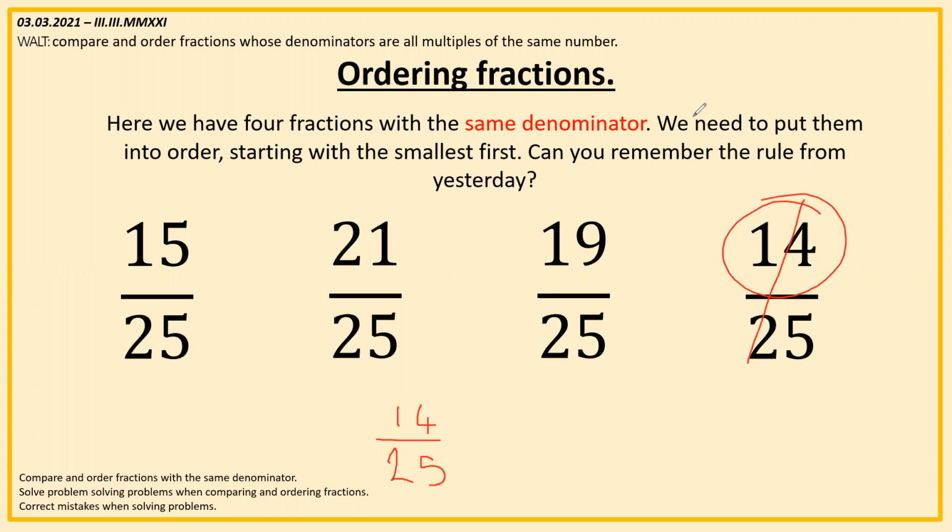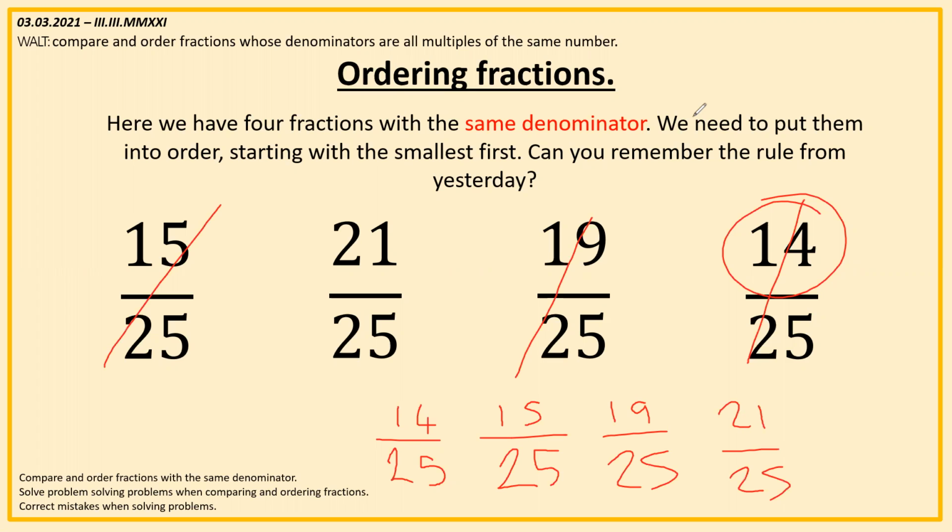The next one is 15/25. Next one is 19/25. And finally 21/25. Now hopefully you can see, just as in the last question, we are going in ascending order, so starting with the smallest, which means our numerators are getting bigger. So we've got 14, 15, 19, and 21.